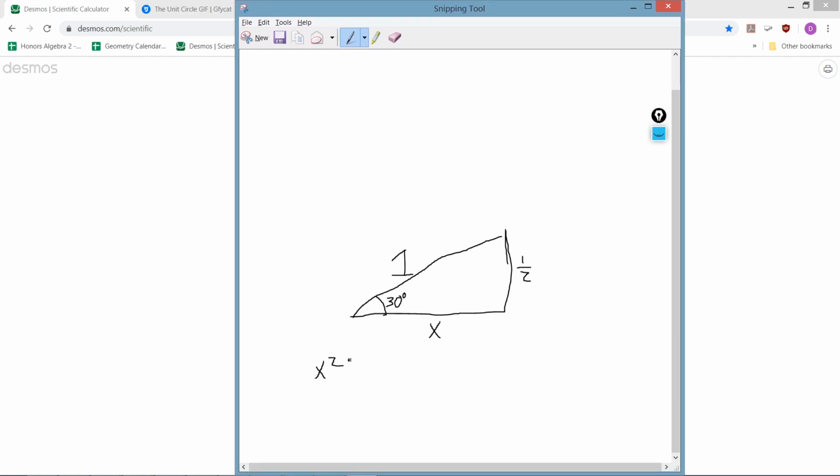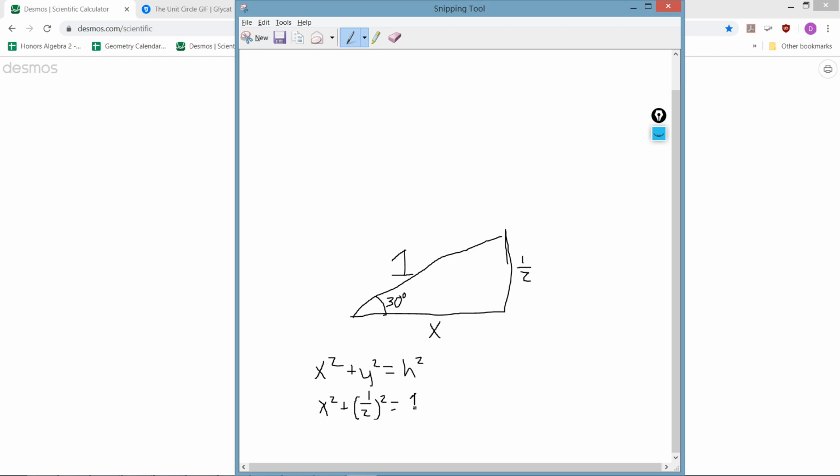Whatever. X squared plus y squared is equal to the hypotenuse squared. And we don't know what x squared is, so we'll leave it as x squared. But what's y? Y is 1/2. So this is 1/2 squared, which is equal to the hypotenuse squared.